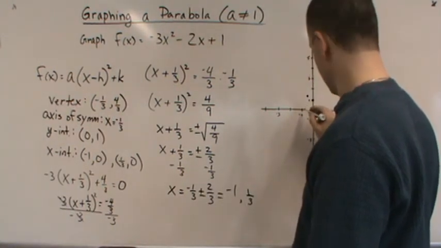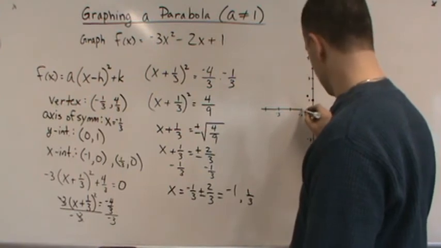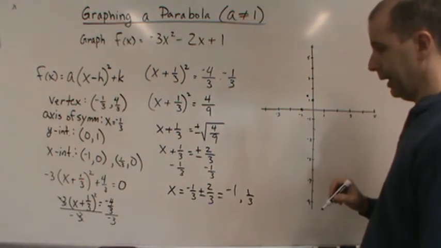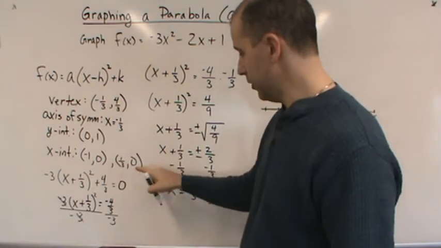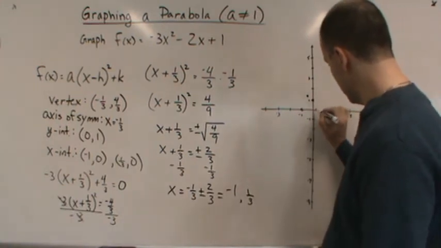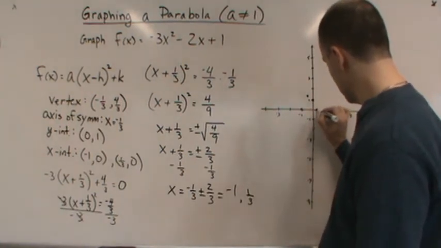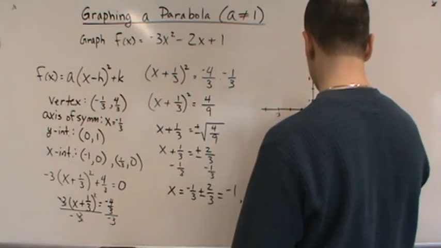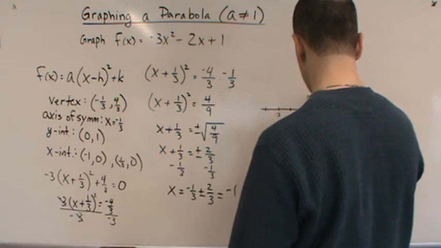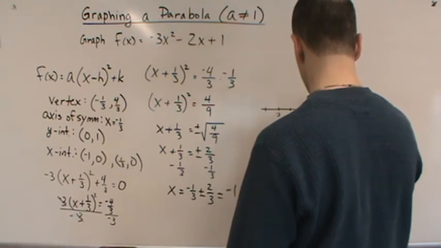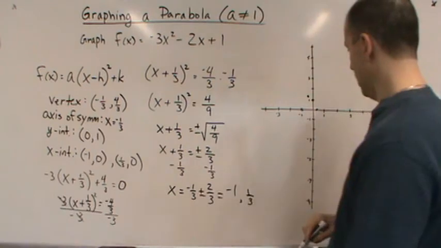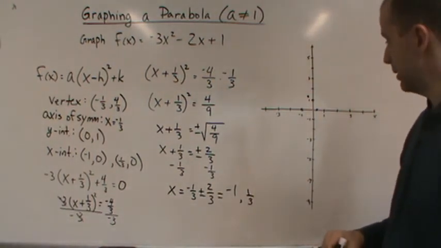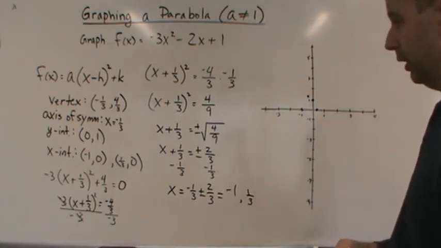Is that right? Yep. And (1/3, 0) is here. Okay, so there we go. And then, is that it? 1, 2, 3, 4. Yep, so that's it.